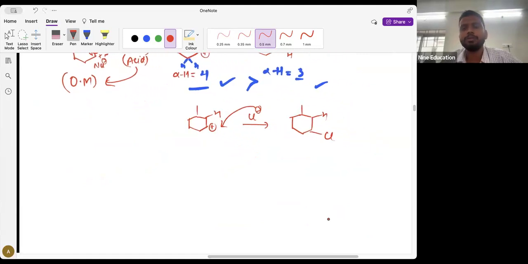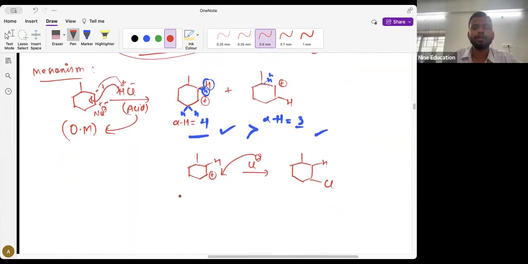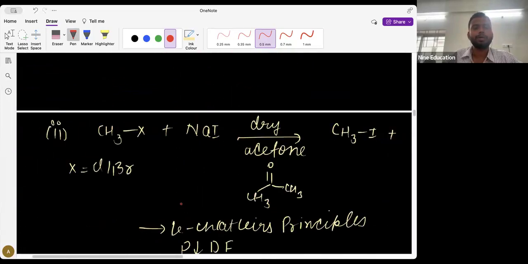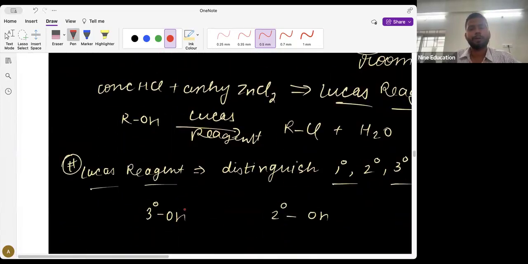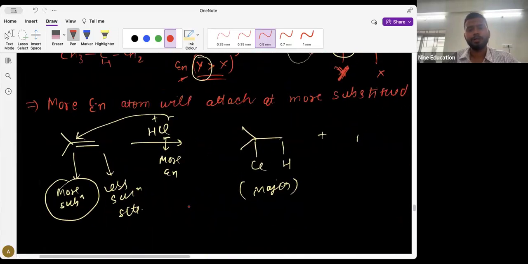So out of these two, the answer should be this. Answer should be others. है ना? So by mechanism you can tell the product of the reaction. So mechanisms are beta very important for our reactions.